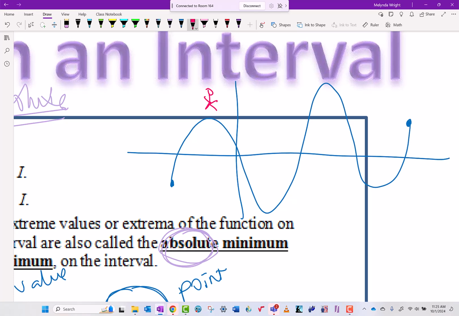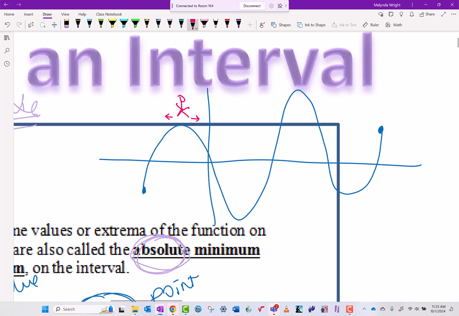But think about it, it's like a mountain range. If I look a little bit to the left, a little bit to the right, I'm at the very, very largest place. This would be called a relative maximum, relative or local max, because we are at the very largest y value in the general area.